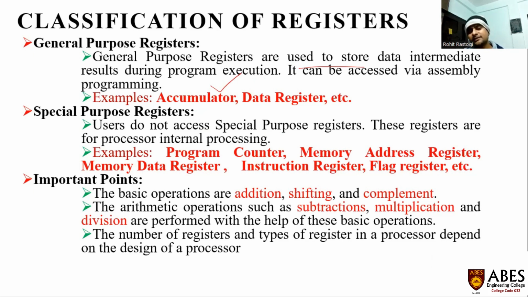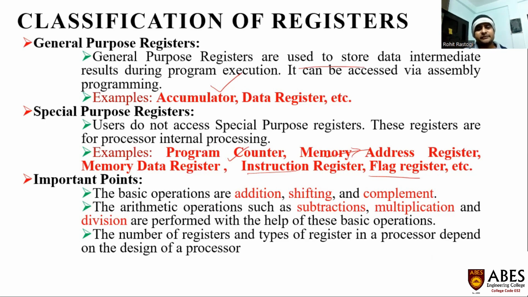Like the program counter, which is used to store the address of the next instruction; the memory address register, which is used to store the memory address; the memory data register, which is used to store the content; the instruction register for storing the instruction; and the flag register for storing different Boolean conditions like carry, status, zero, and the sign bit of the output.